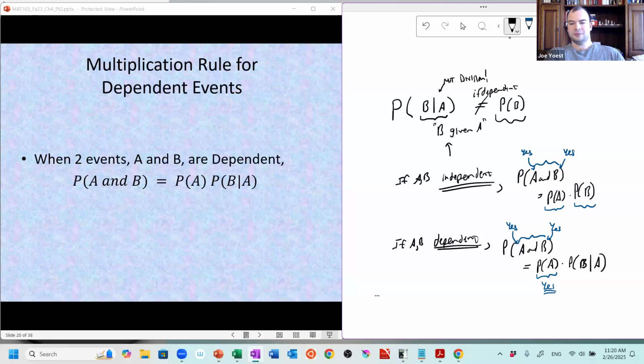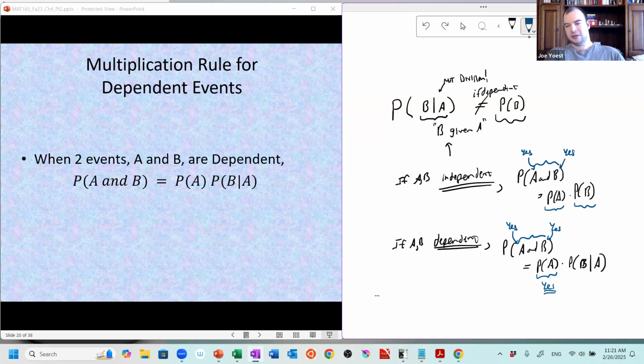It's now probability of B under the knowledge that A has occurred. If A didn't occur, I'm not in this event at all, and I don't really care whether B occurred or not. A and B failed. I'm not in that event if A did not occur, regardless of what happens with B. So to be in this event, A must occur. That happens with probability of A. And B must also occur given that A has occurred.